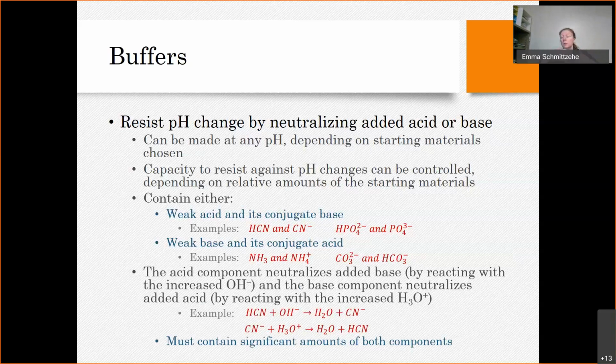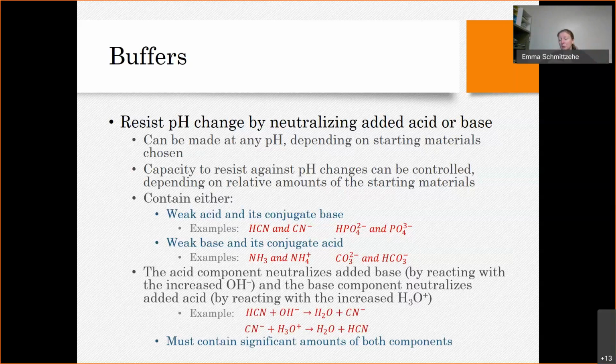Now, in order for it to be an actual effective buffer, you do have to have a significant amount of both. So you can't have a lot of HCN and very little CN minus. You need to have pretty equal amounts or relatively similar amounts and quite a bit of both so that they can adequately neutralize added acids or bases, okay?